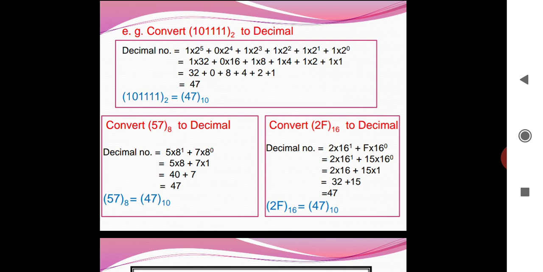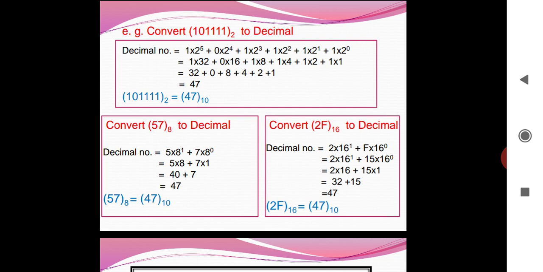So start from the right side. So 1 into 2 raised to 0 plus 1 into 2 raised to 1 plus 1 into 2 raised to 2 plus 1 into 2 raised to 3 plus 0 into 2 raised to 4 plus 1 into 2 raised to 5. And after multiplication, whatever we got, make the sum of that. So the number is 47.